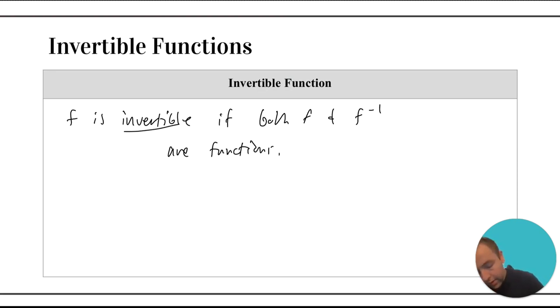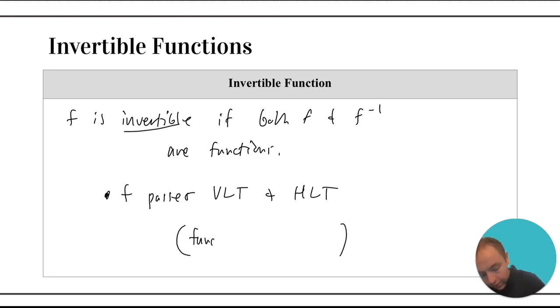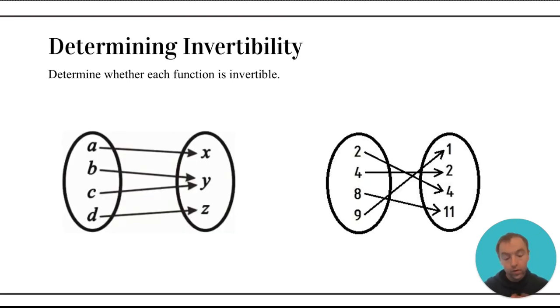So in simpler terms, it just means that f is going to pass vertical line tests and horizontal line tests both. So it's got to be both a function to pass the vertical line test, and then also be 1-to-1 to pass the horizontal line test. Okay, so as long as you find something that's both a function and 1-to-1, it's going to be invertible, and then both the original and the inverse are both functions.